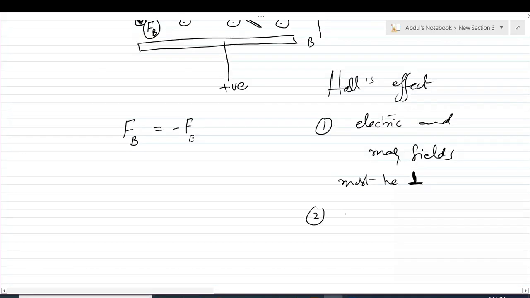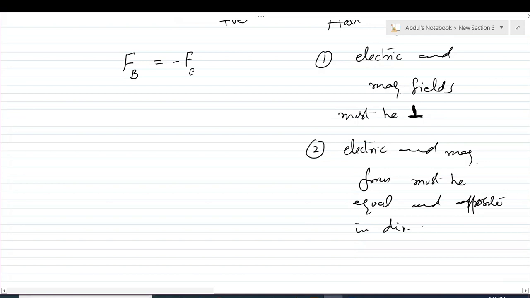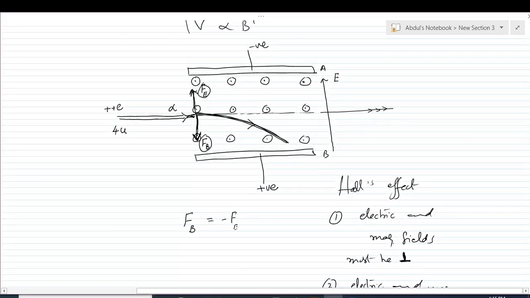Number two, electric and magnetic forces must be equal in magnitude and opposite in direction. Meaning the resultant force is zero, then the charged particle will go straight, and this combined effect of the electric and magnetic field is called Hall's effect.